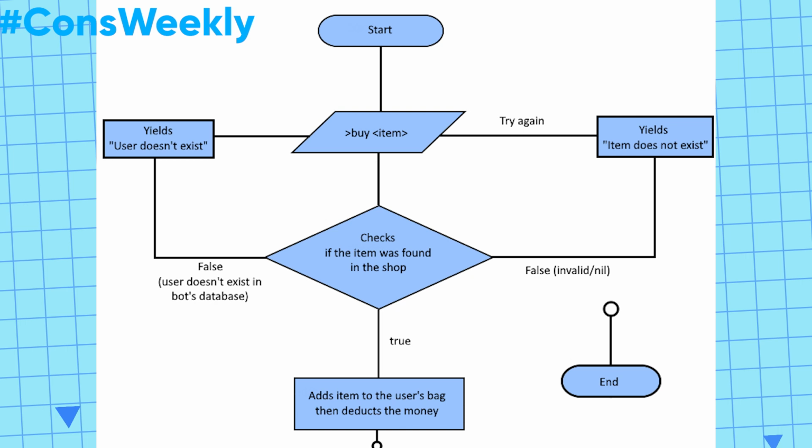However, if the user meets the requirements, which means they have sufficient credits and they also exist in the database by just typing any random command, then the bot buys the item for the user, deducts the points, and gives it to the user.